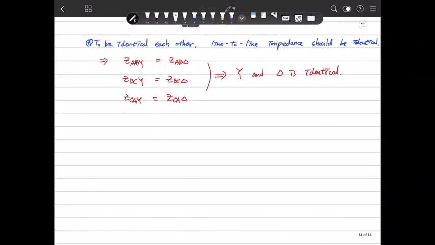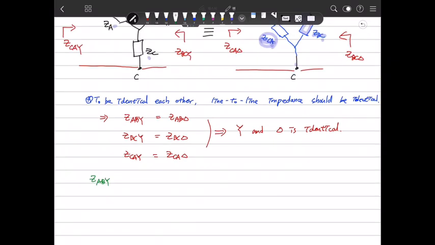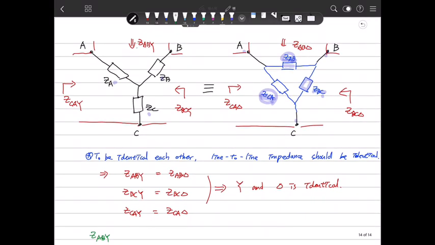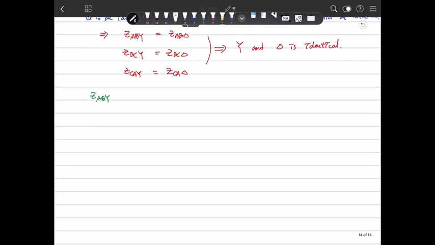To find out, first, what is GABY? From the viewpoint of terminals A and B, C is open, so we don't care about the other circuits.